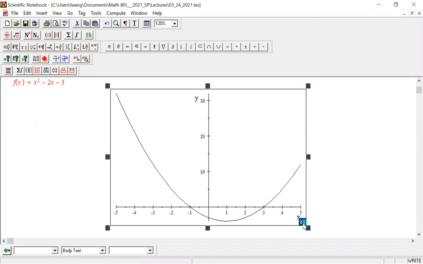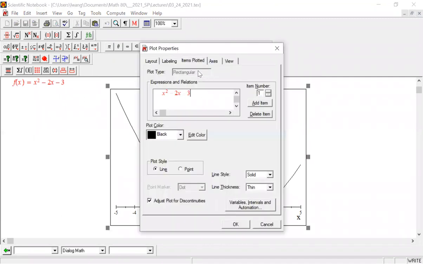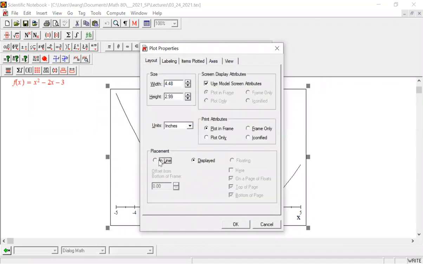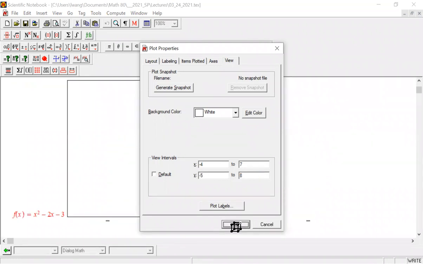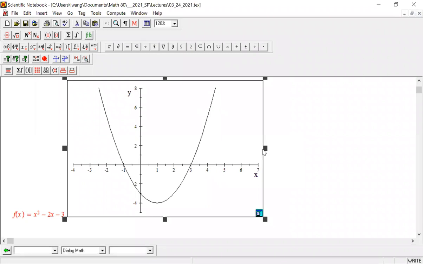So we're going to put this information in place. It looks like we have two x-intercepts from the picture. That's the picture.